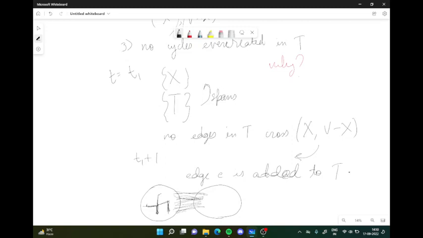None of these edges can contribute to a cycle formation in X. Why? Because if it were to create a cycle in X, there would have been another edge crossing X and V minus X. And that's not possible because the only edges in X are the ones spanning this particular tree.